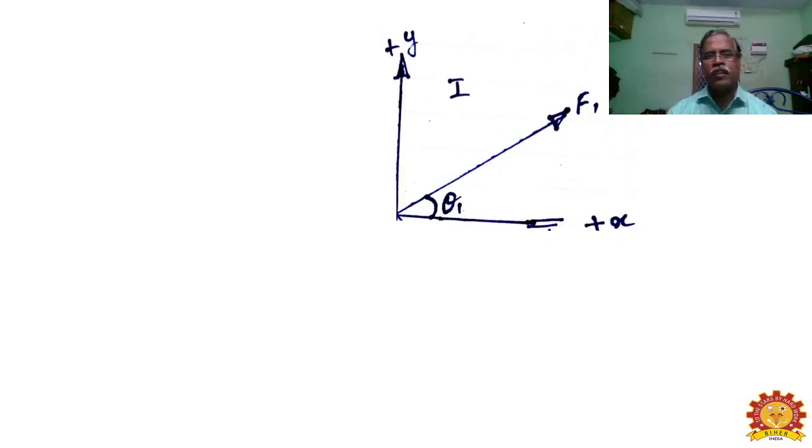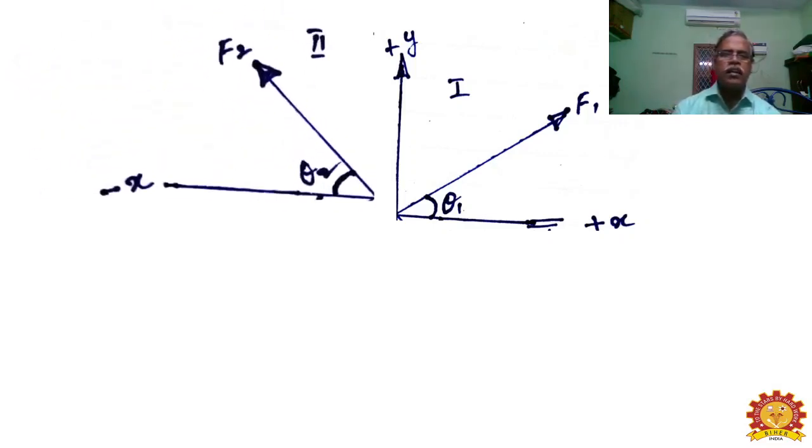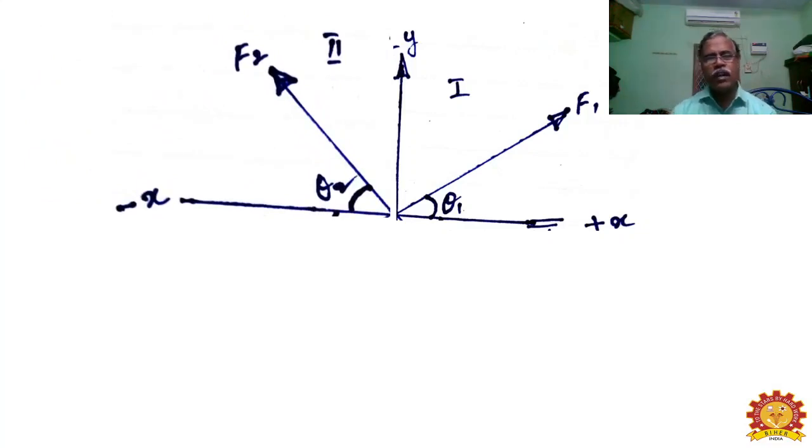Now we can see very easily that the upward y-axis direction will be taken as positive, and the right side direction will also be taken as positive. If you do the same process in the second quadrant, let us take it as F2 at an angle theta 2 acting away from point O in the second quadrant, then we can take it as the minus y as well as the minus x direction.